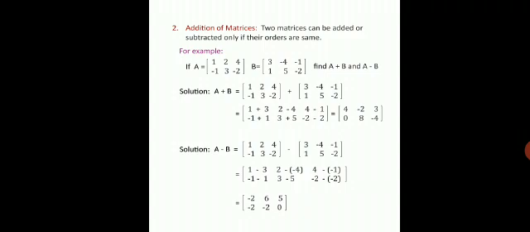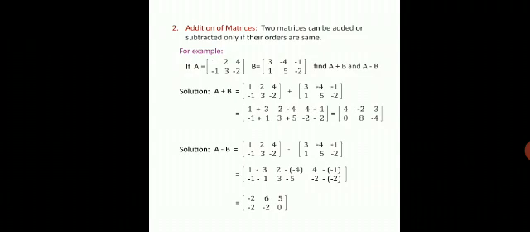So this is the subtraction of matrix A and B, and the simplification is that, 1 minus 3 is equals to minus 2. 2 minus of minus 4 is plus 4, that is 2 plus 4 is 6. 4 minus of minus 1 is plus 1, 4 plus 1 becomes 5.